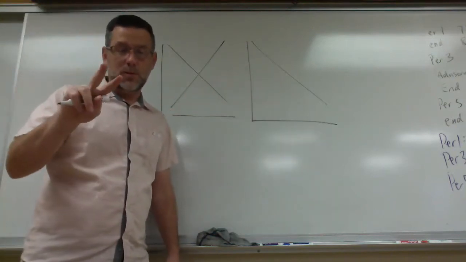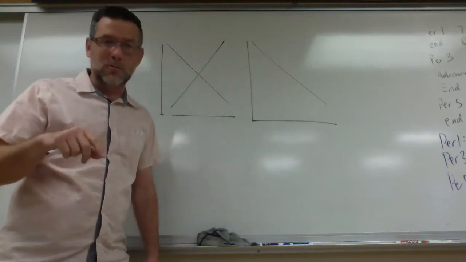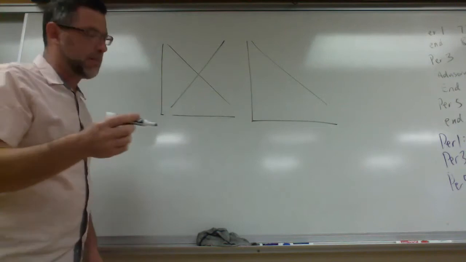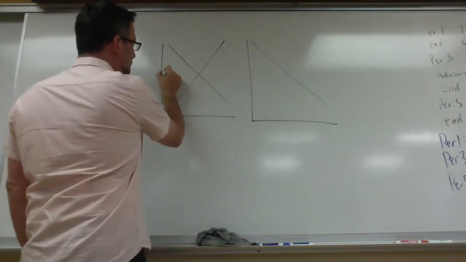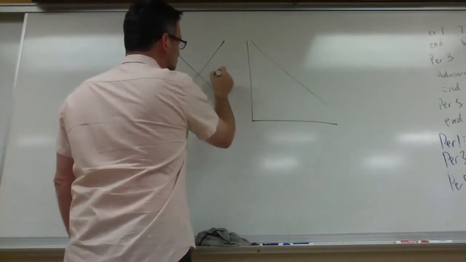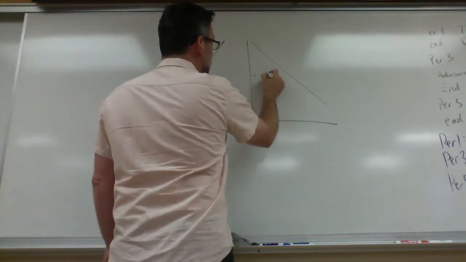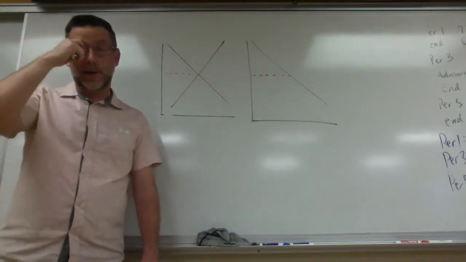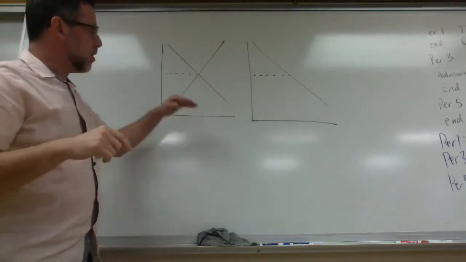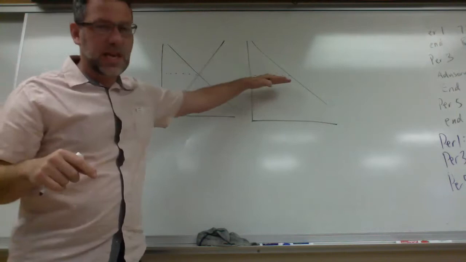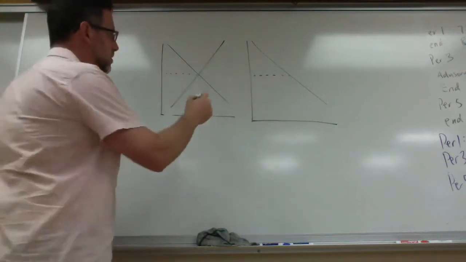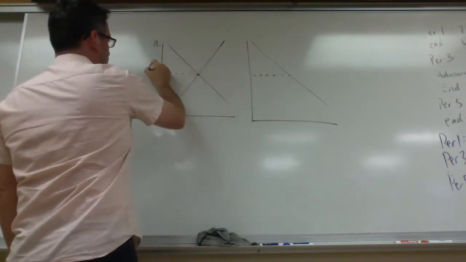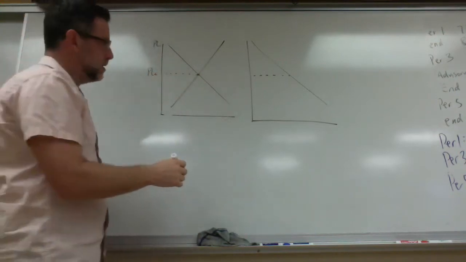Step 2, right? Before we put our long run curves on here, we want to establish the short run equilibrium. So the way that you do that is you line up those two lines right there so that they're synced on the y-axis. So this is my current price level.